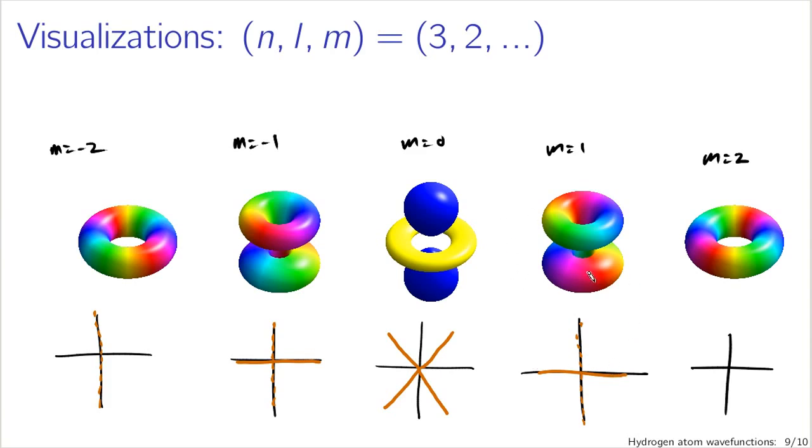So that defines the xy plane. Similarly, of course, over here, particle is unlikely to be found at theta equals 0 or theta equals pi along the z-axis. So these are the sorts of structures that we get from spherical harmonics.